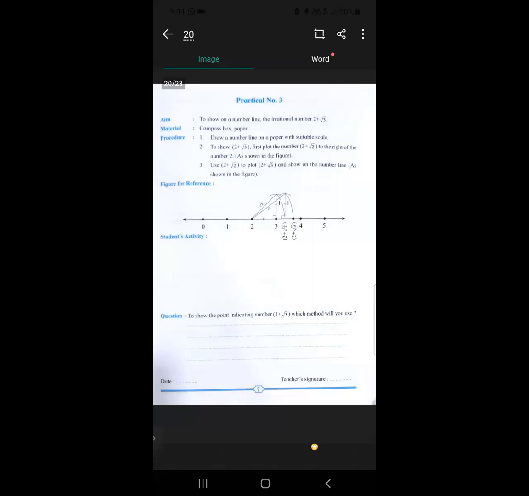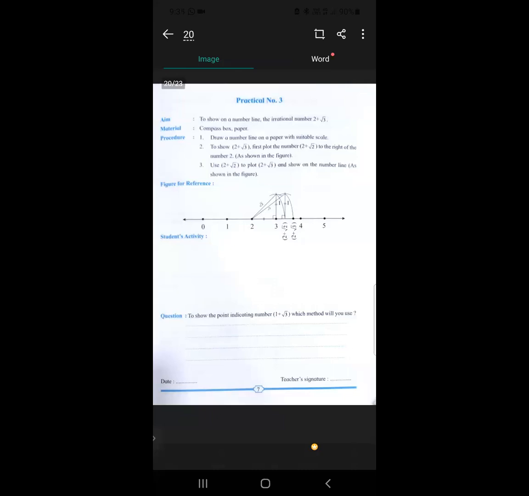Now here you have to show the irrational number on the number line. So here the diagram is given to you.